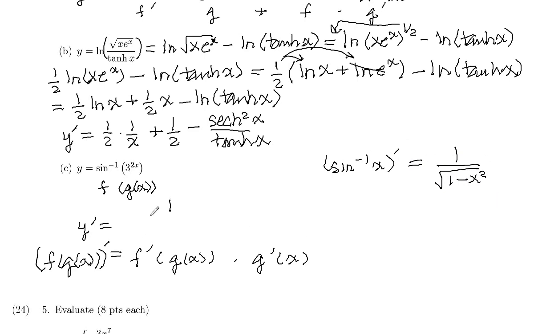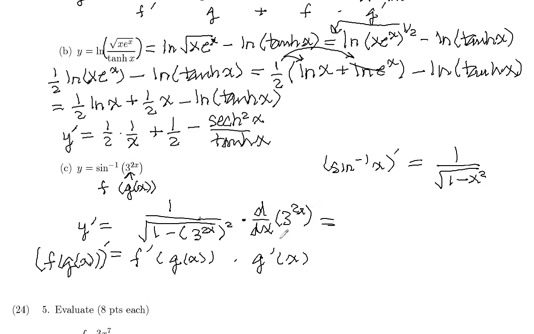We're going to do 1 over root 1 minus, but not x squared, parentheses squared. And what goes inside those parentheses? Well, our function g of x, our inside function, which is that 3 to the 2x. So that goes in here, 3 to the 2x squared. And then times g prime of x, that's the derivative of our inside function. So let me write an extra step here. So times the derivative with respect to x of 3 to the 2x power.